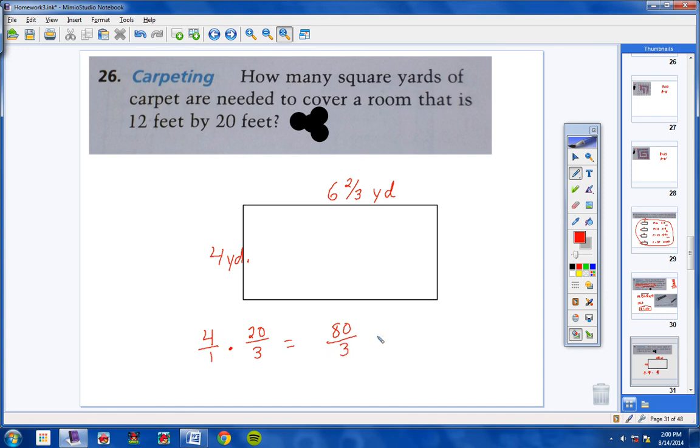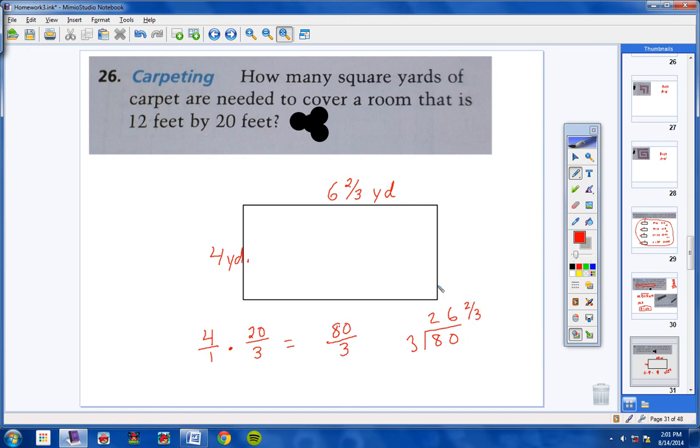Now 80 over 3, of course, is not a good answer. You don't walk into a hardware store and say, yes, I need 80 over 3 square yards. Okay, you go ahead and divide this out. So 3 would go into 80. Well, let's see exactly how many times it would go. It would be 2, 20 would be a 6, and then 2 left over, so it would be 2/3.